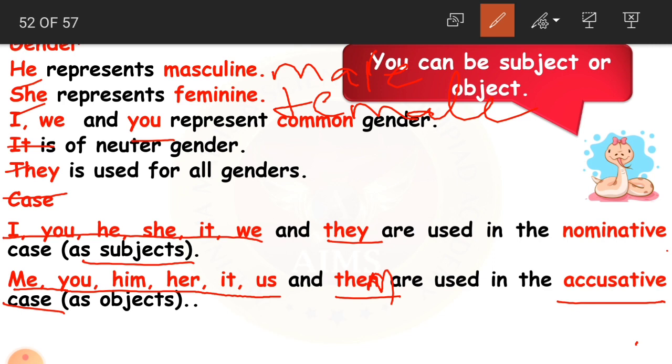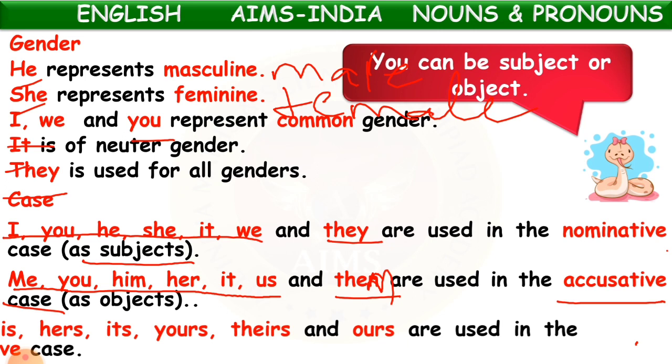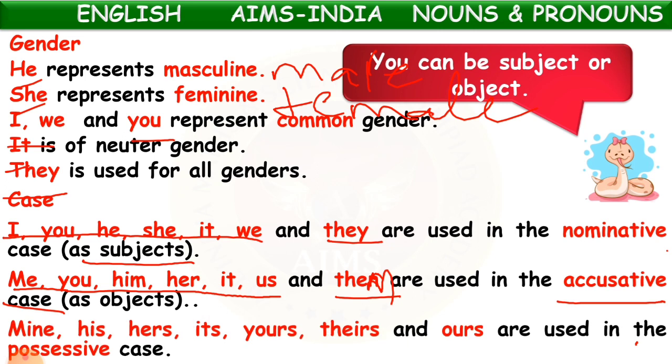That is why we call it the accusative case. Okay, clear children? Mine, his, hers, its, yours, theirs and ours are used in the possessive case.